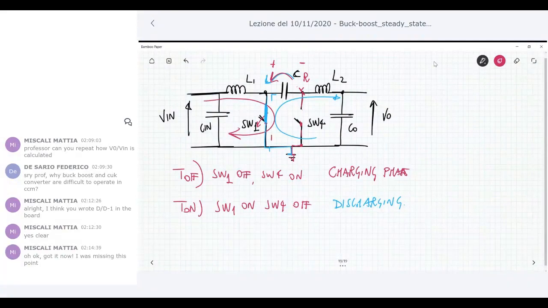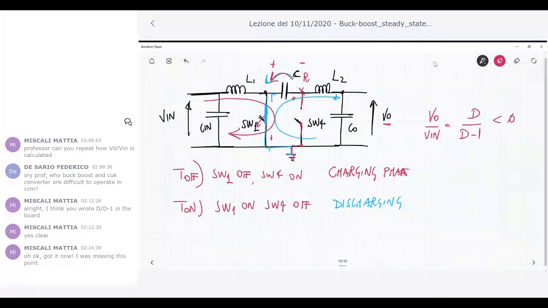Then when you pass from the charging phase to the discharging phase, the plus goes here and the minus goes here. That means that the output voltage changes its polarity. So the same discussion that we had previously means that now V naught over V in is D over D minus 1, which means that it is negative.